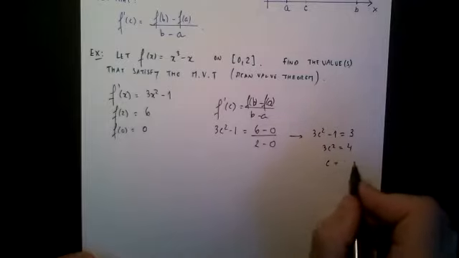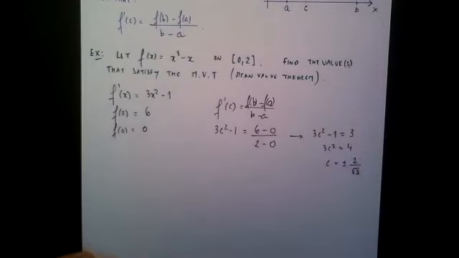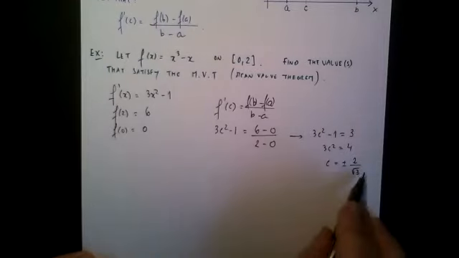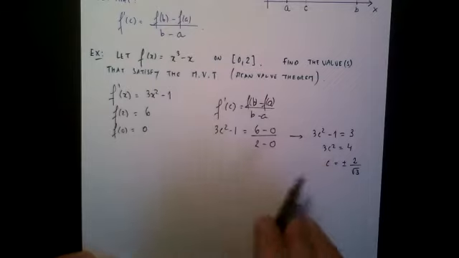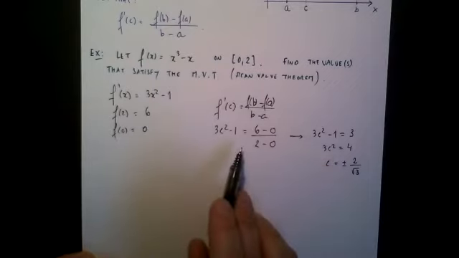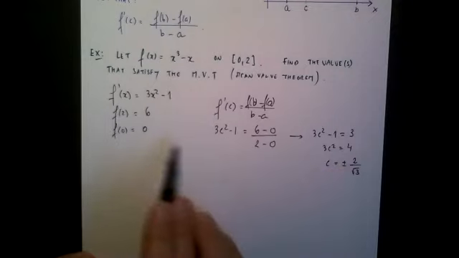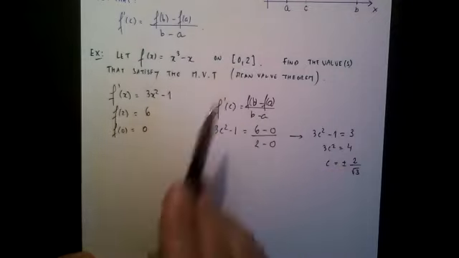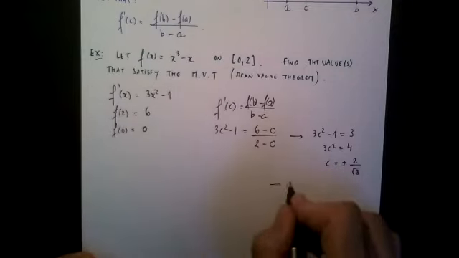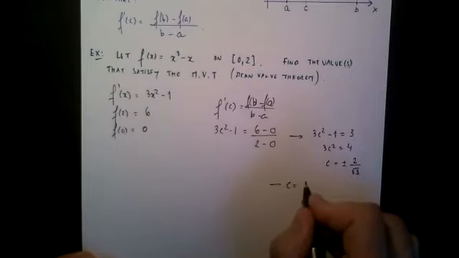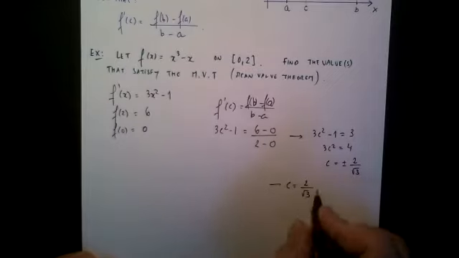So c is plus or minus 2 over root 3. So these are the two values that would satisfy the mean value theorem. But of course, you cannot take the minus 2 over root 3 because it doesn't fit in the 0, 2 interval. So c will be 2 over root 3.